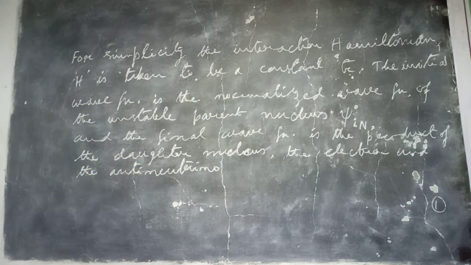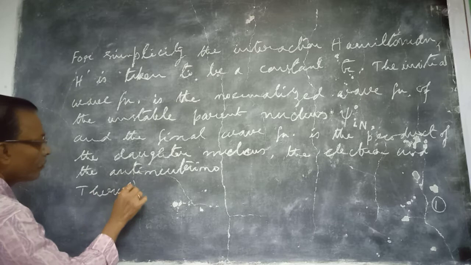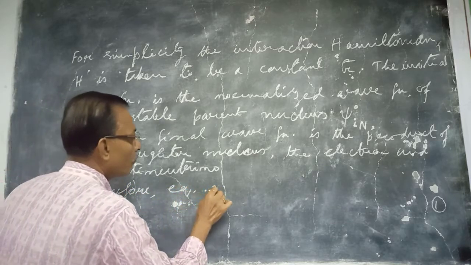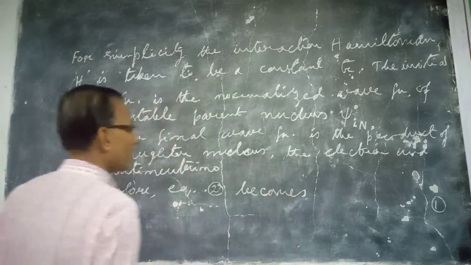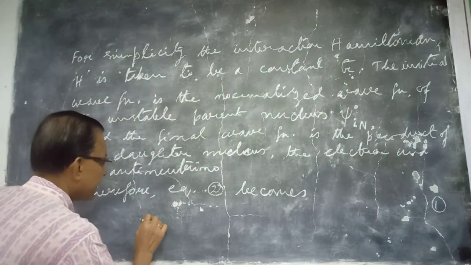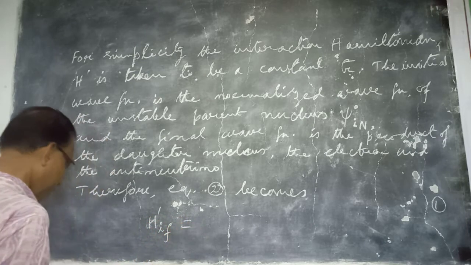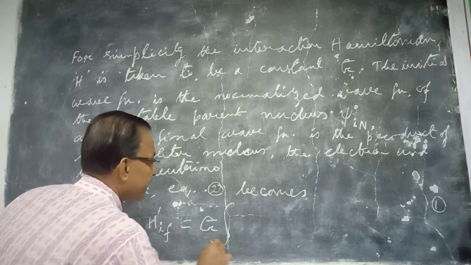Now, therefore, equation 2 becomes the H prime matrix element IF. H prime is taken as a constant G, so it can be taken out of the integration.